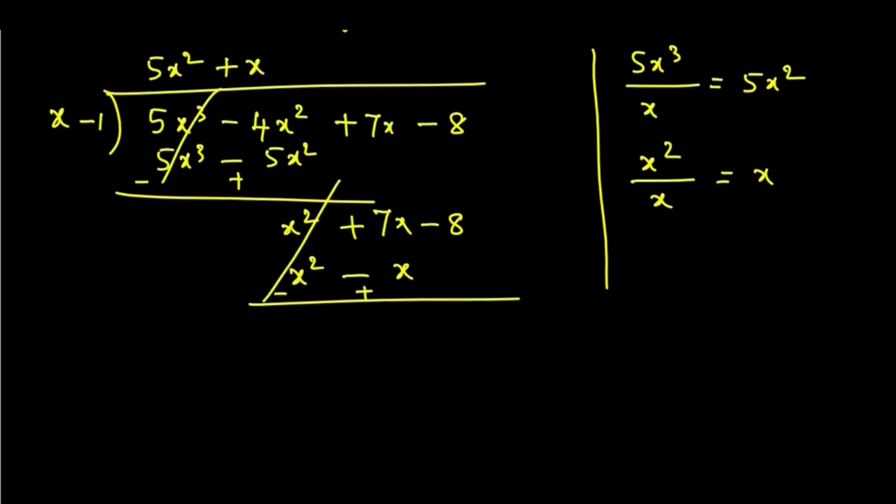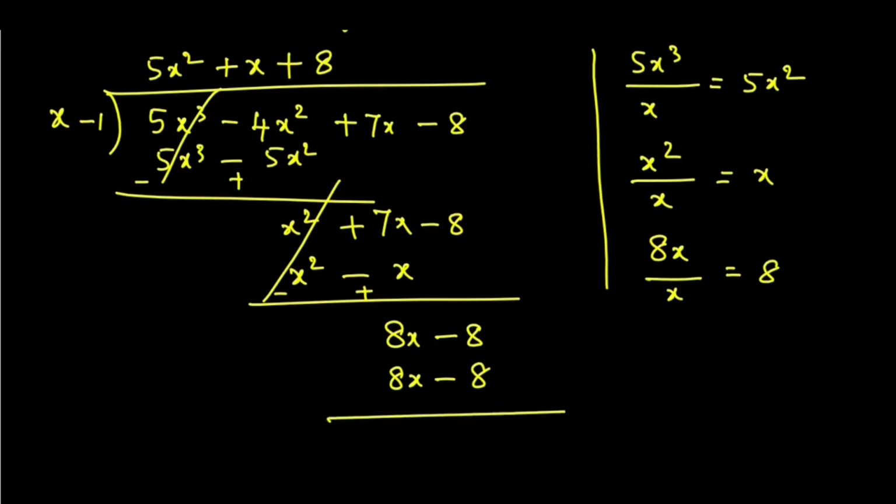These get cancelled. 7x plus x is 8x, minus 8 brought down. The first term in the remaining dividend is 8x. 8x by x, we get 8. This is the next term in the quotient. 8 into x minus 1 is 8x minus 8. 8x minus 8x, so we get remainder 0.